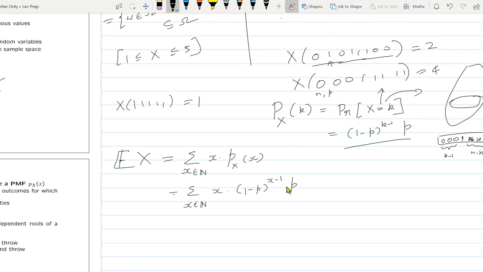Yeah. So what do you do now? So there's a p common everywhere, I think. So I can take the p out of the summation. x could start from 1 to infinity.